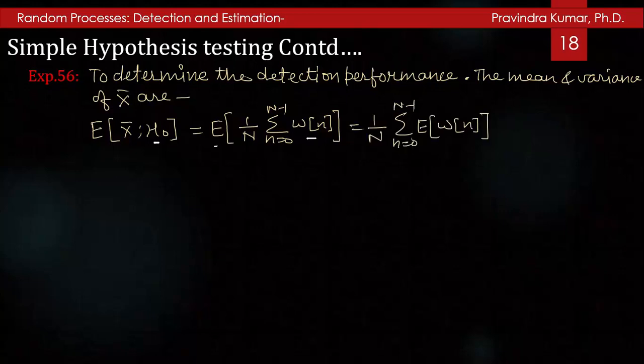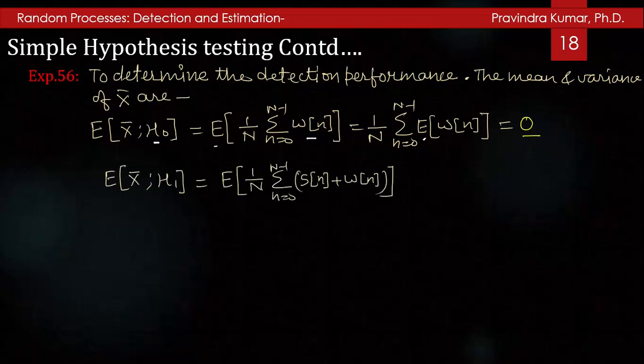So it will be 1 upon n summation n = 0 to n minus 1 expected value of this noise omega n, and it is 0, since the mean of the noise is 0, as given. And the expected value under hypothesis H1 will be the expected value of 1 upon n summation n = 0 to n minus 1 of sn plus omega n.